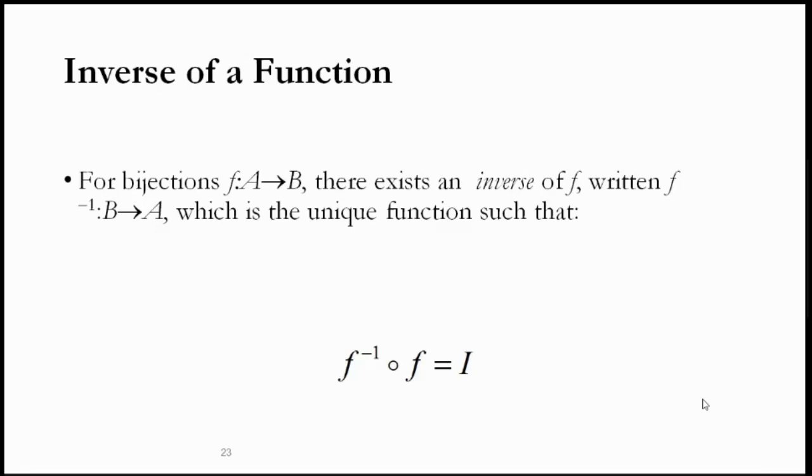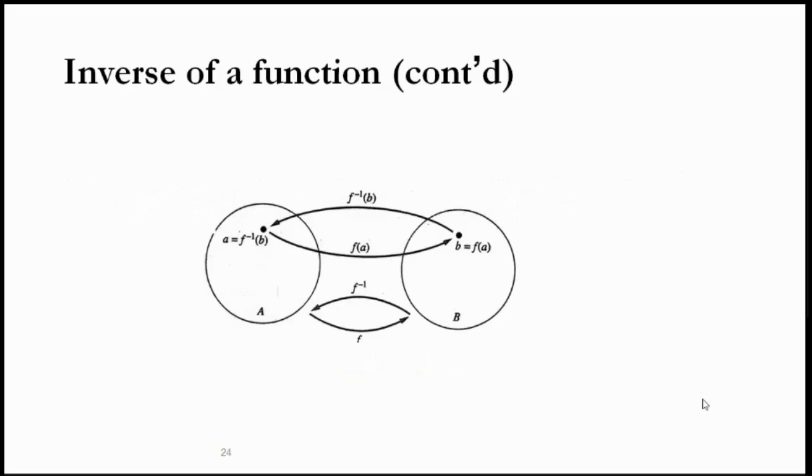For a bijection f from A to B, there exists an inverse, written f inverse from B to A, which is the unique function such that f inverse composition f is equal to the identity, that is I. That means if a is equal to f inverse of b, then b is equal to f of a. There is a mapping, and the same reverse mapping should also be there.